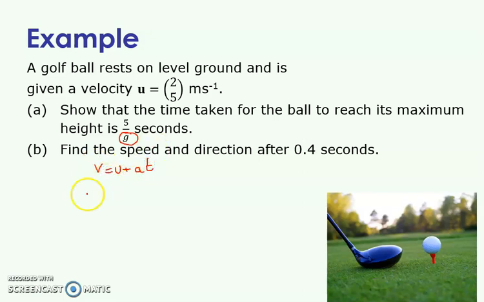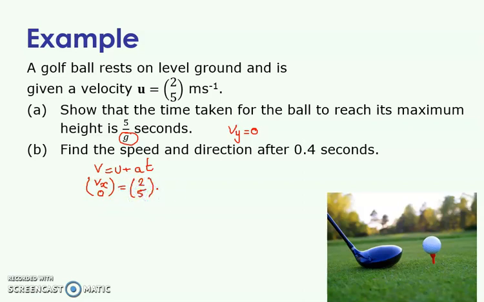The V, whatever the V is in the x direction, we actually know what it is, but we don't need to worry about it. But I do know that the velocity for it to reach its maximum height, Vy is 0. So you can see that's why I put that as 0. That equals U plus AT.